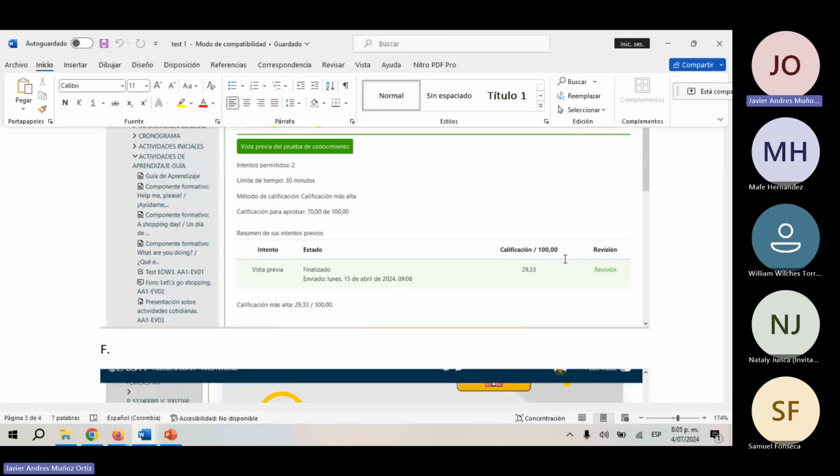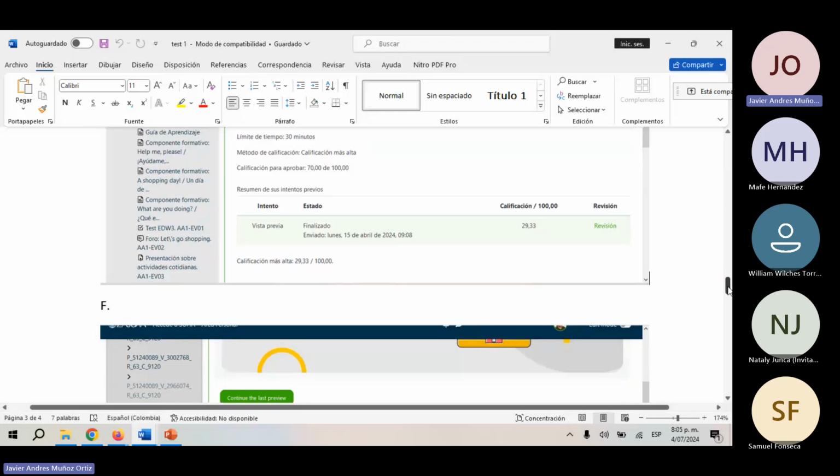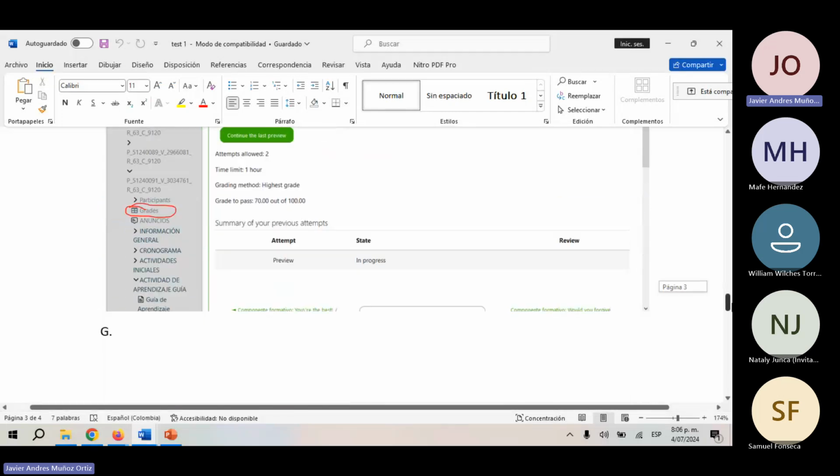But if you get a 69, 51, 32, 17, or whatever, you will need to repeat the test. You can repeat the test as many times as you need. So there are unlimited options to repeat the test.